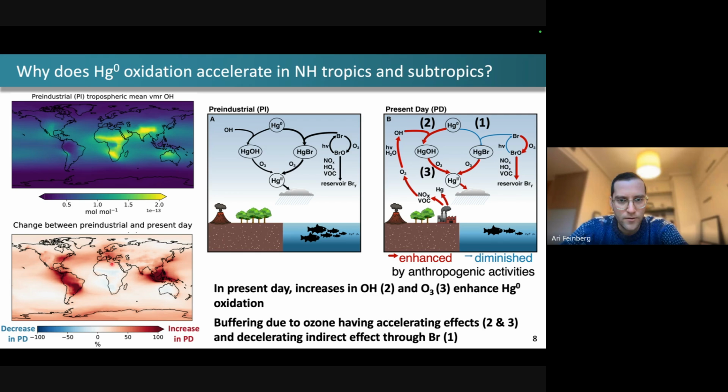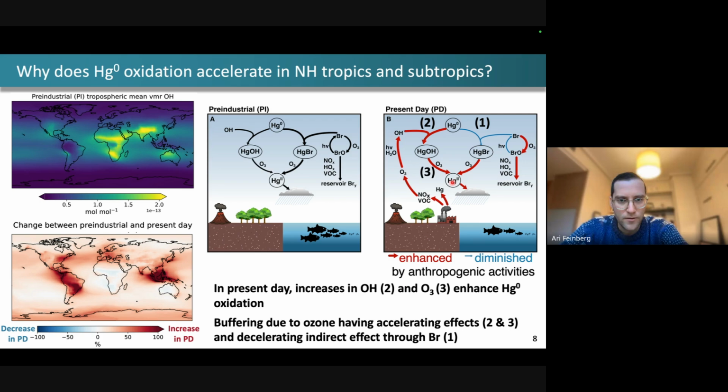And so here these increases in OH, what they do is that this OH channel of oxidation is enhanced in the northern hemisphere, and then the increases in ozone, they play a role here in step 3, where ozone reacts with these mercury 1 species to form the more stable mercury 2 species.